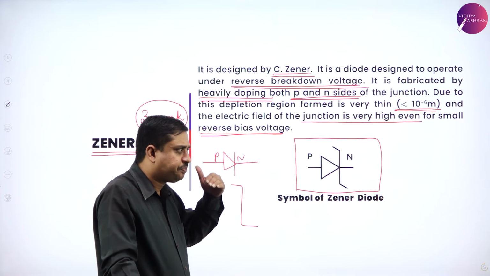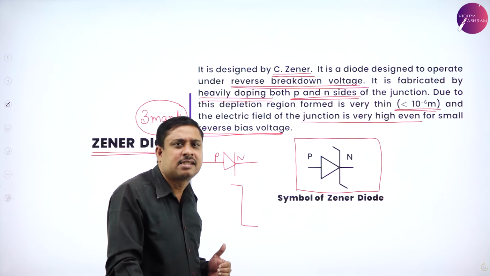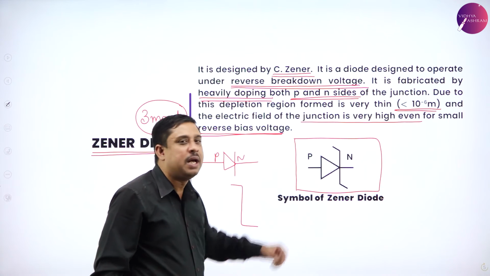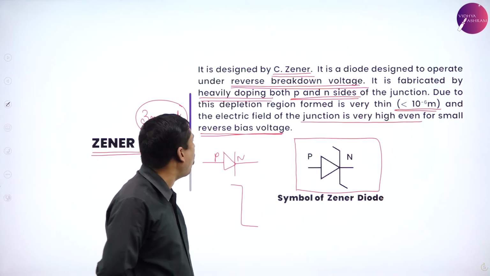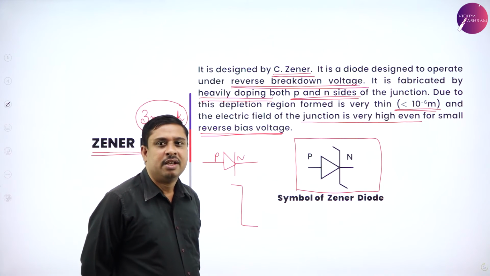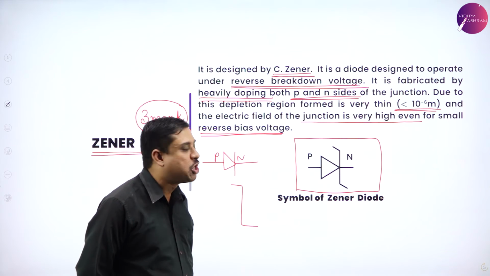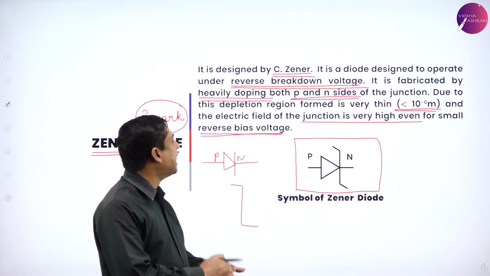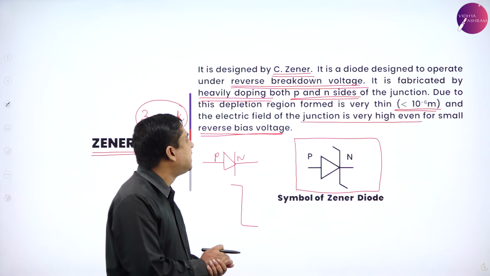So, studying the characteristics of a Zener diode, the symbol is pretty unique: the PN junction is represented by a straight line for the N side, while here it is Z for the N side, designed by the scientist Zener.